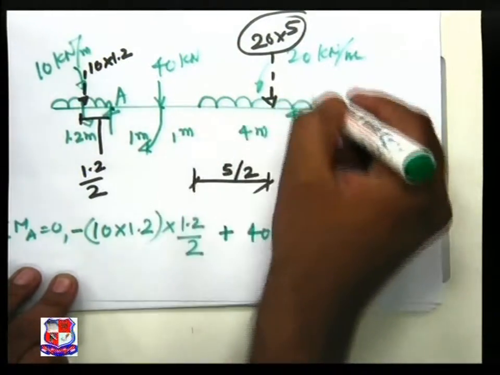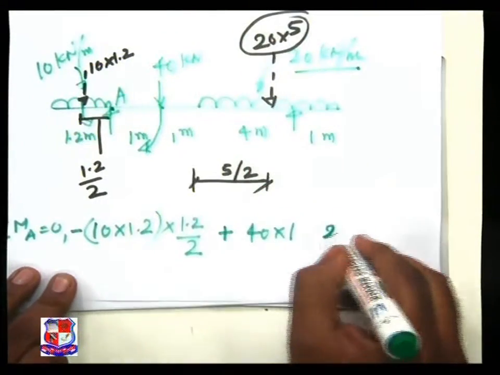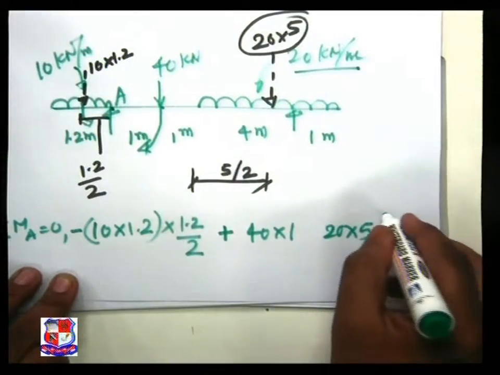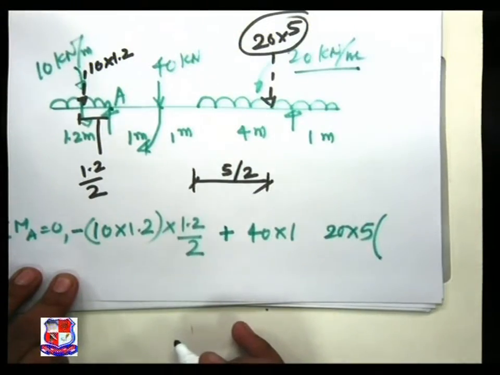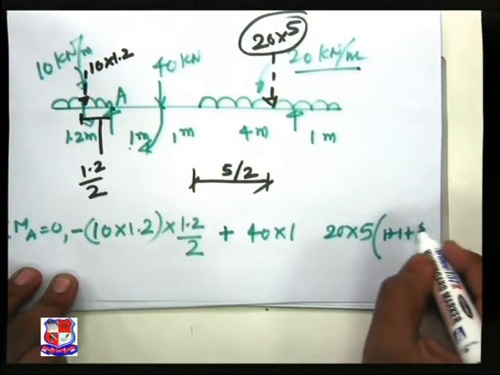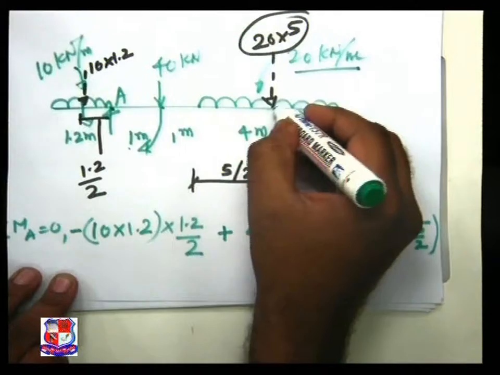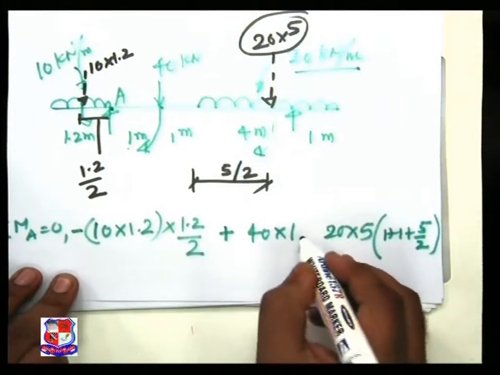This UDL, another is 20. Equivalent point load is 20 into 5. The perpendicular distance is 1 plus 1 plus 5 by 2; it creates a clockwise moment, treated as positive.